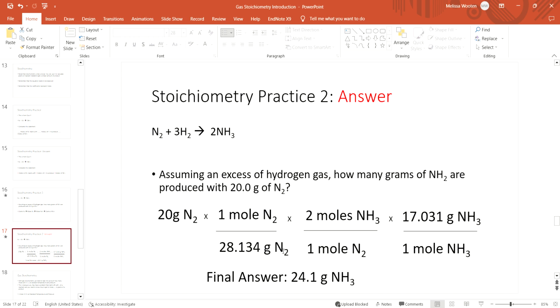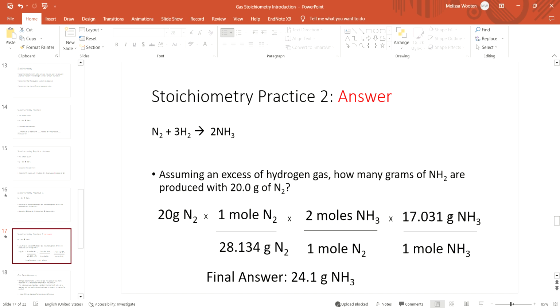So N2 should be about 28, 14 times 2. Your balanced chemical equation says that you have 1 mole of N2 for every 2 moles of NH3. And nitrogen is about 14 plus 3 hydrogens, which is about 1, so you should get 17 point something. I'm not telling you to round, I'm just telling you to go through and make sure that your math makes sense. So 17.01031 should be around, that looks correct.